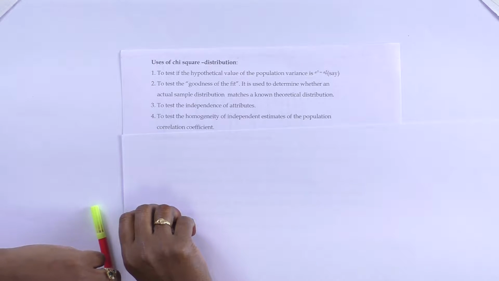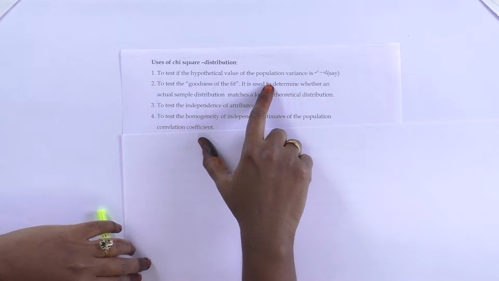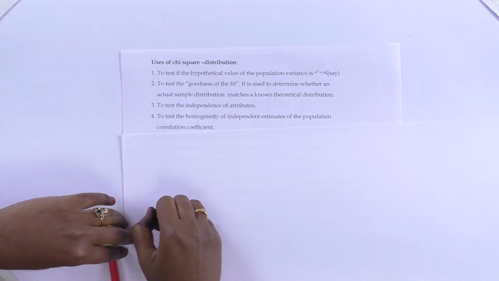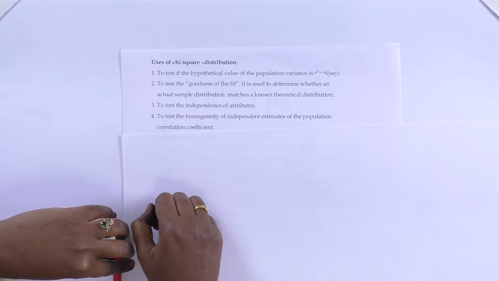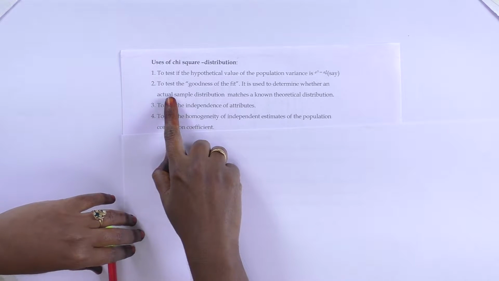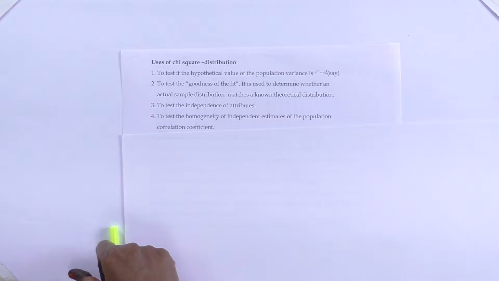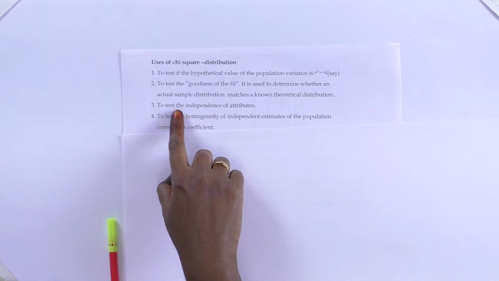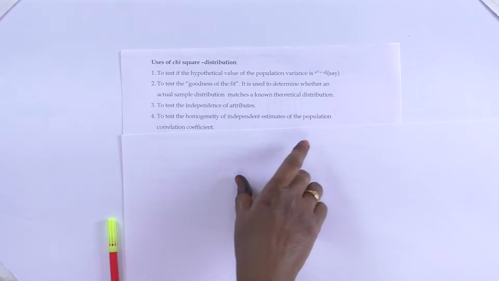Uses of the chi-square distribution: to test whether the hypothetical value of the population variance is equal. If the population variances are equal, then we test it using the chi-square test. To test the goodness of fit, it is used to determine whether an actual sample distribution matches the known theoretical distribution.